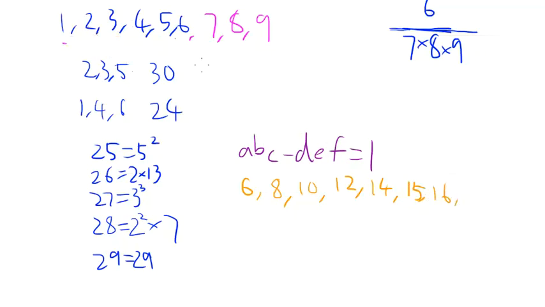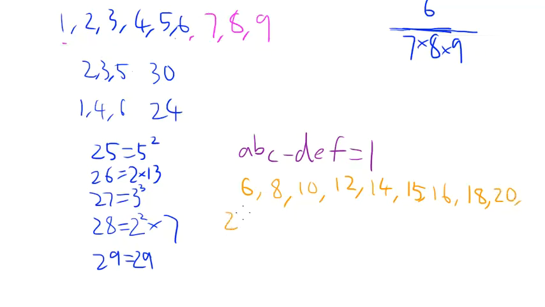It can be 17. 17 is prime, so we can't form 17 by multiplying 3 of these numbers. We can get 18, which is both 1 times 2 times 9 and 1 times 3 times 6. We can't get 20 because, wait a second, we can get 20, by 1 times 4 times 5, but not by 1 times 2 times 10 because there's no 10.